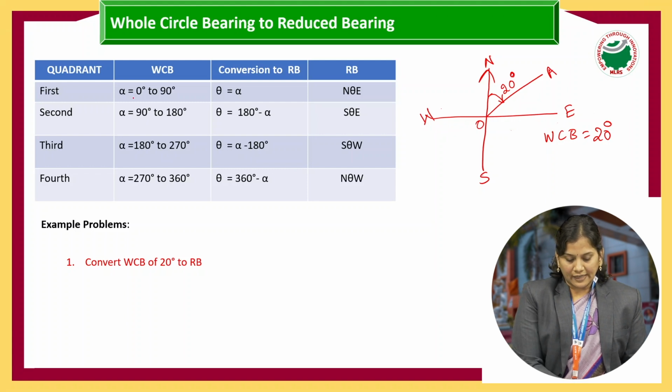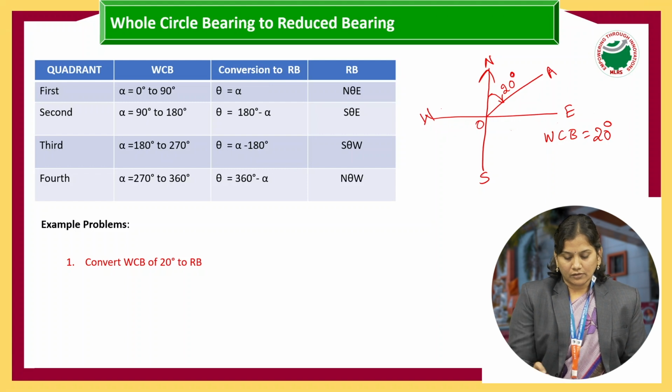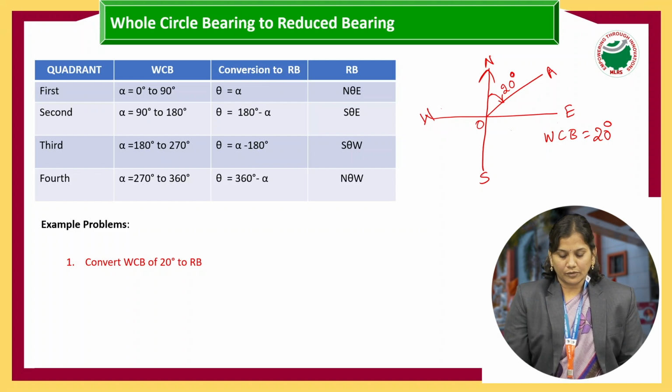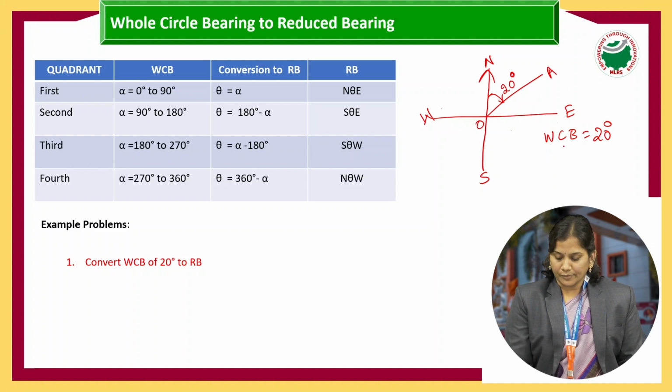So if the angle is in first quadrant, that is alpha, whole circle bearing ranges from 0 to 90 degrees, and we are going to convert whole circle bearing to reduced bearing, then the angle theta becomes alpha only. This is alpha and theta equal to 20 degrees.